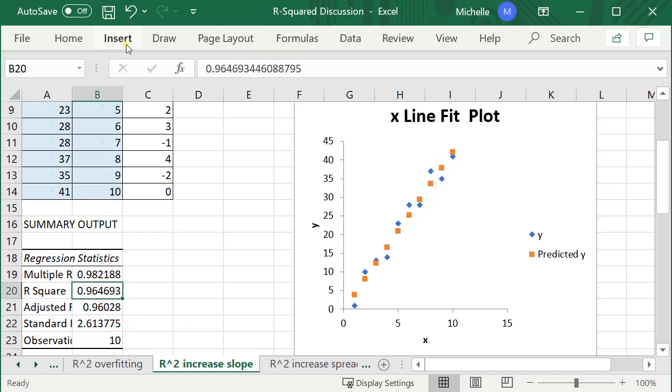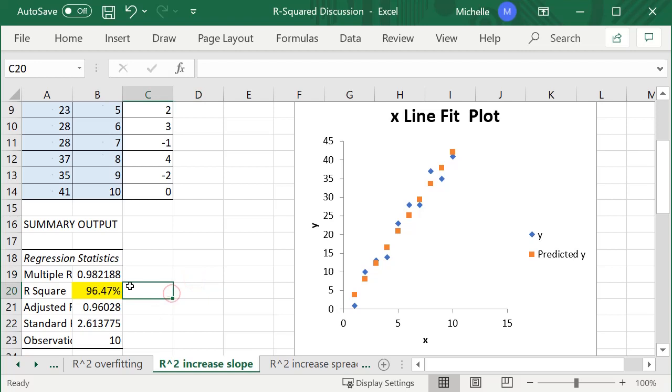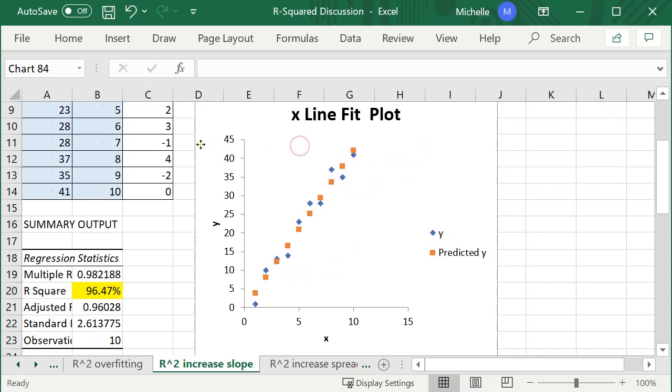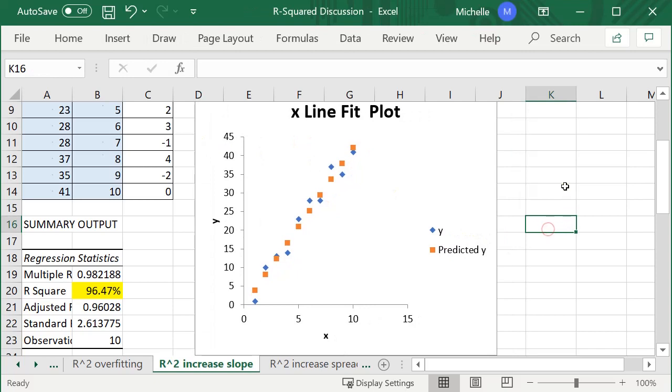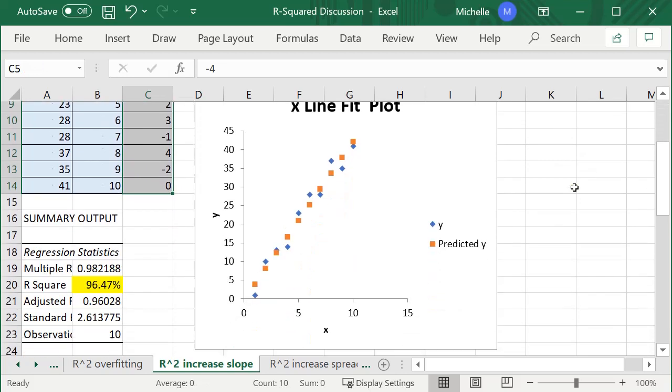And this r squared value, let me go home, highlight it, convert it to a percentage. I just like looking at it as a percentage. Wow, that was a big increase. It's now 96%. But does this model fit the data any better? Of course not, right? This model has the exact same model error.